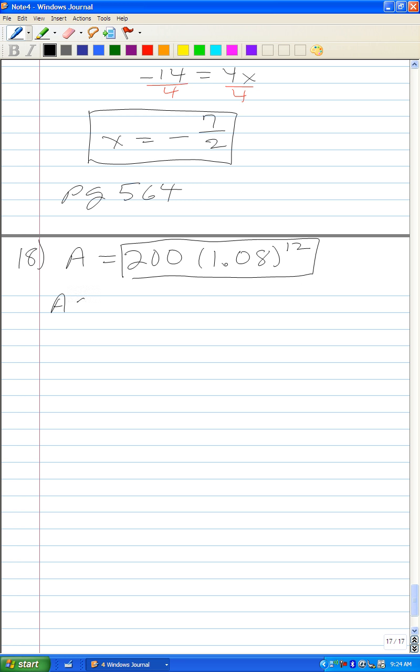And so the amount is approximately 503.6340234, and it keeps going on for a little while. So this is what it is approximately. And so there are approximately 504 rats.